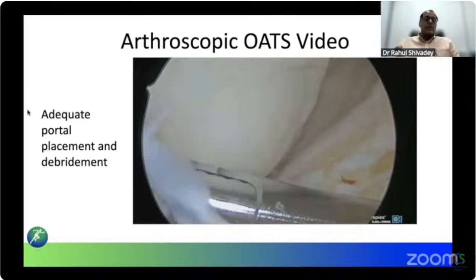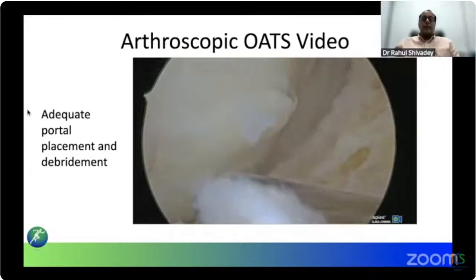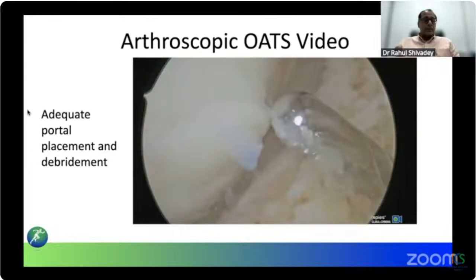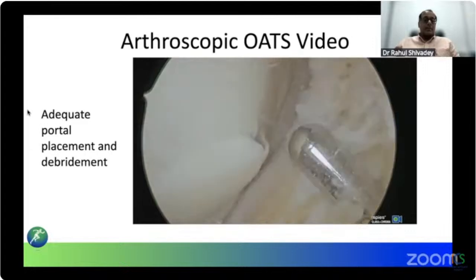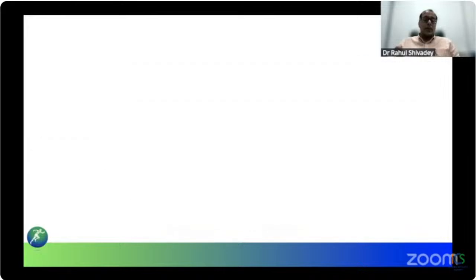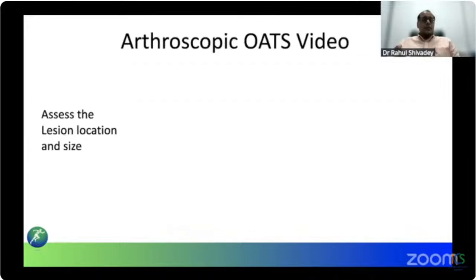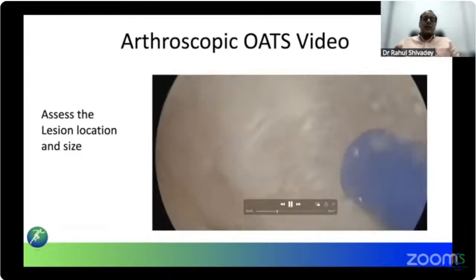As you can see, this is a loose osteochondral fragment. So proper portal placement and clearing up all the fat pad are very important. More importantly, you need to make a mental map to understand how you're going to harvest and how you're going to place it. This is the bony tamp which we use.